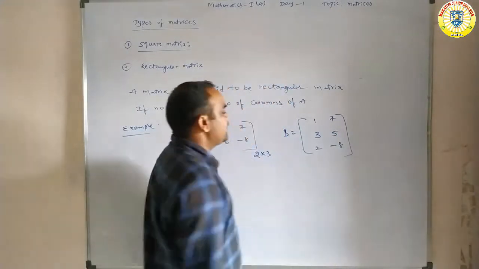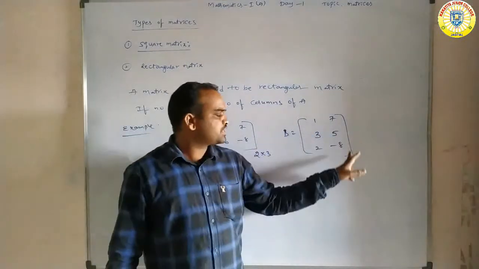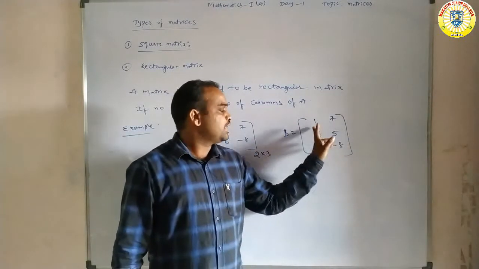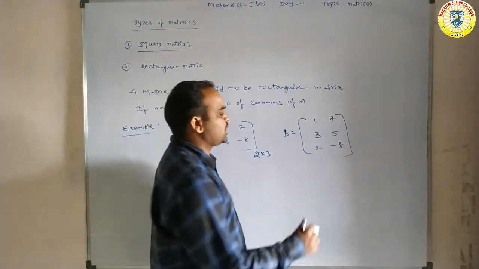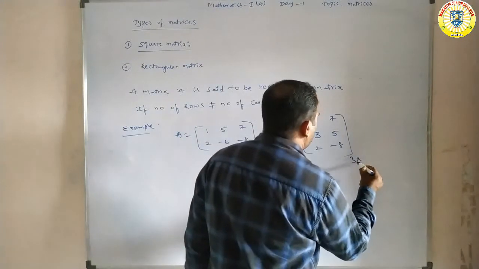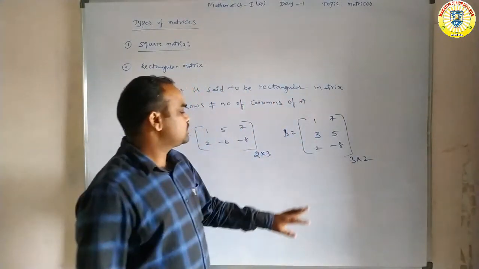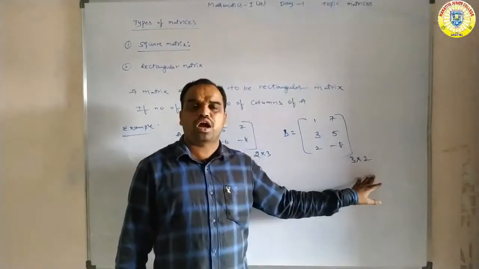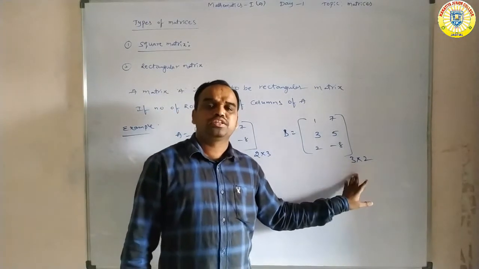Now observe this one. What is the order of B? Number of rows: 3 rows are there. Number of columns: 2 columns. So 3 rows and 2 columns, that's why this is a 3 by 2 matrix.